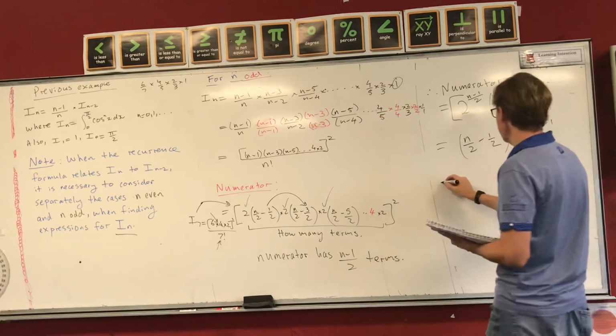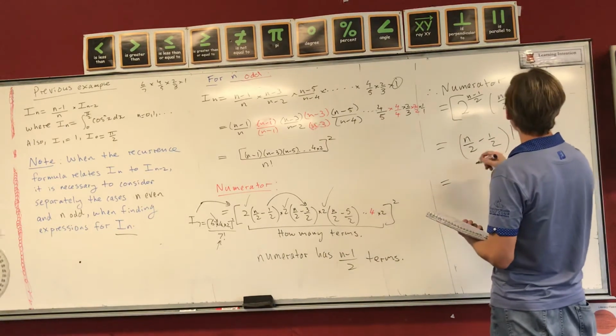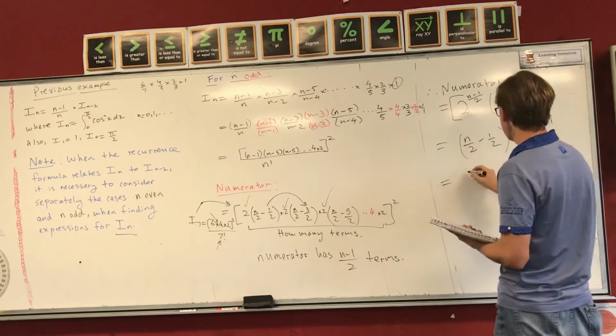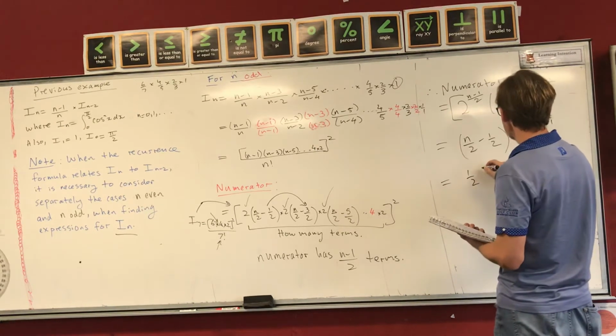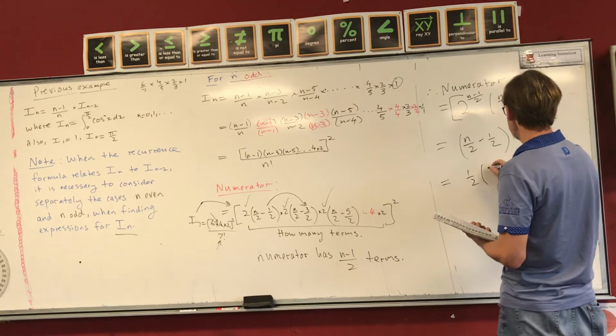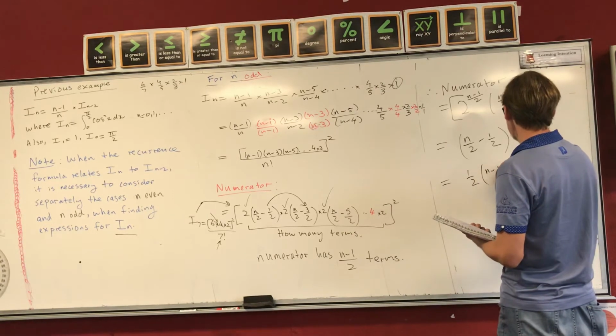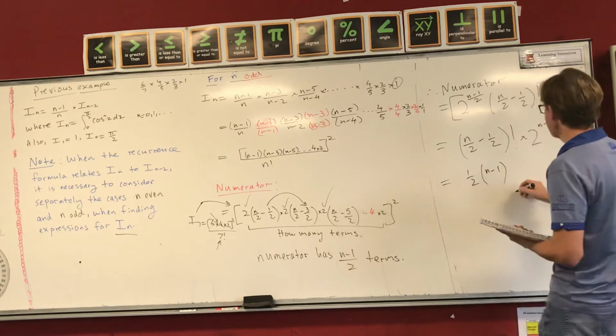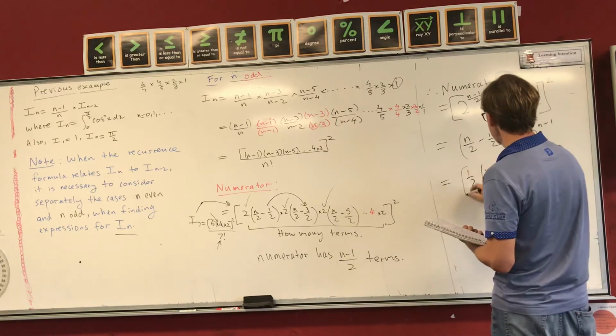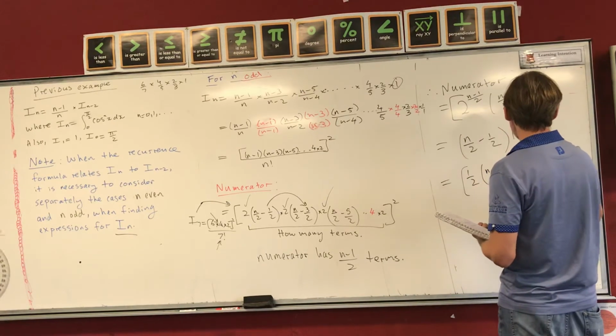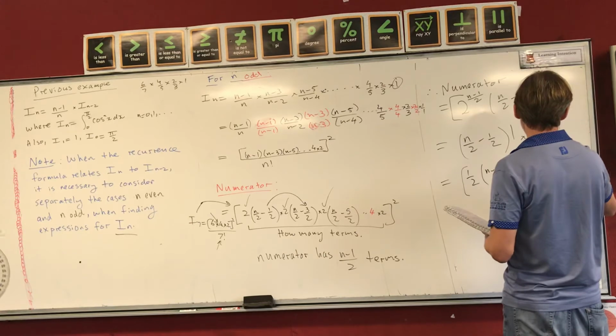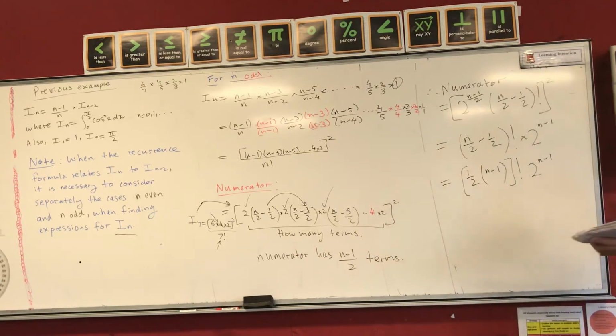And then we can take out a half outside of the brackets here. So a half will be, that's n minus 1 there, and that will be factorial and 2 to the n minus 1. Yep, and we've got to carry through the squared part, don't we?